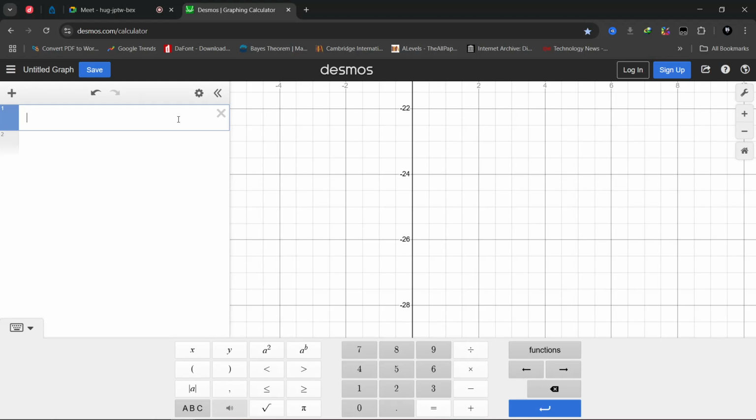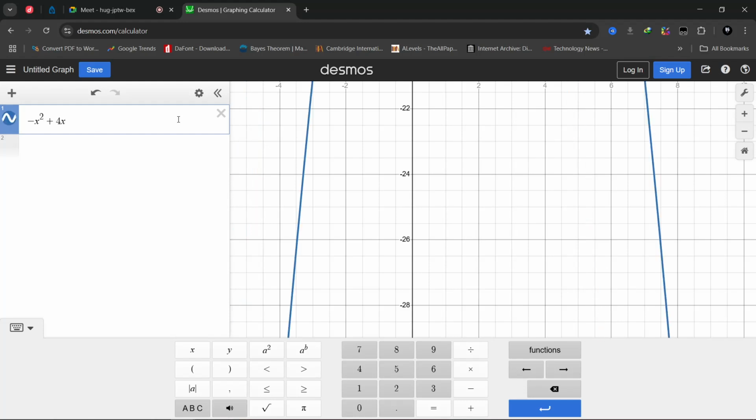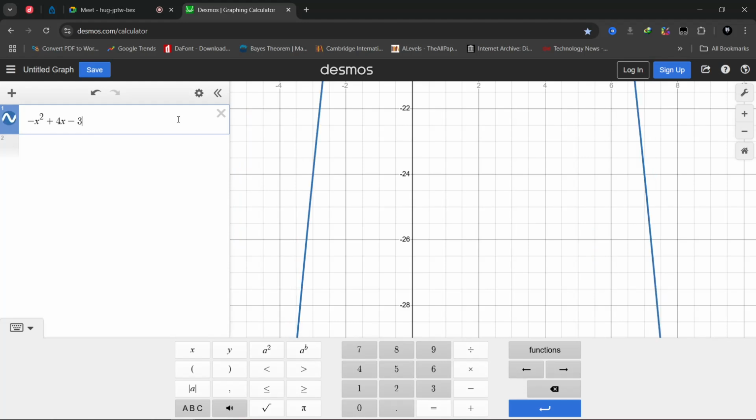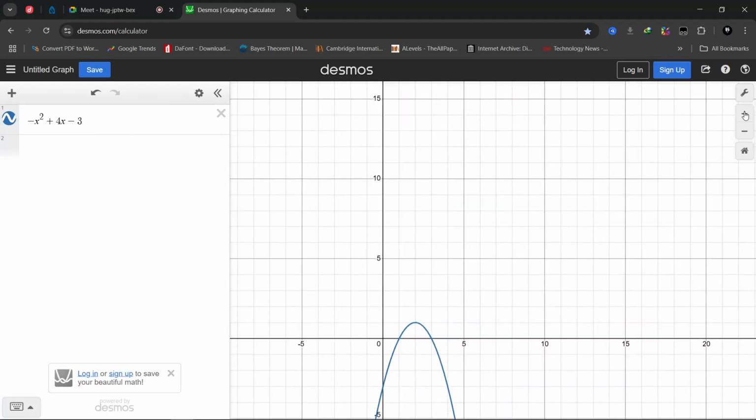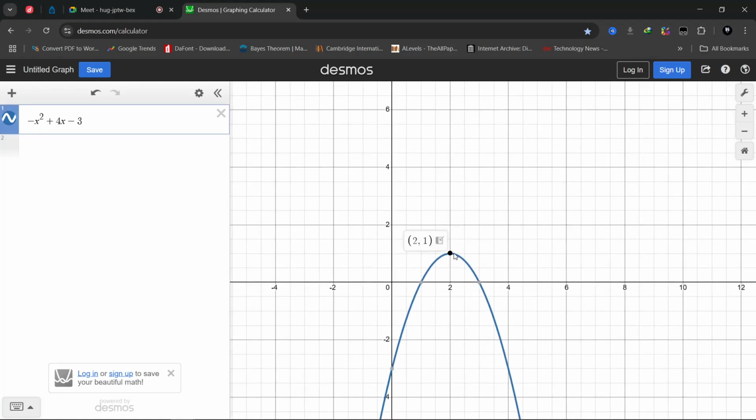This one is tweaking. So we have minus x squared plus 4x minus 3. Alright, so let's see this one. Alright, so this is what this one would have looked like.